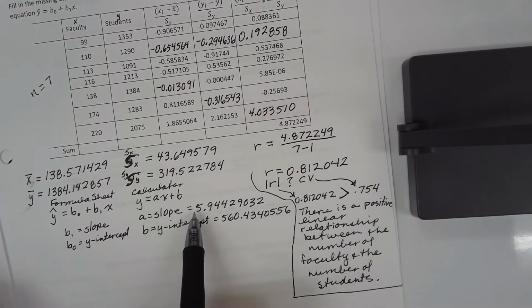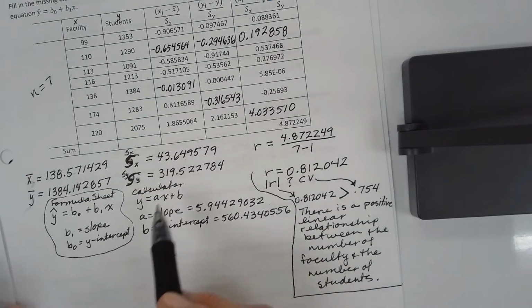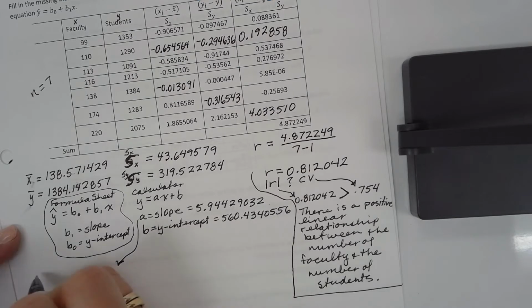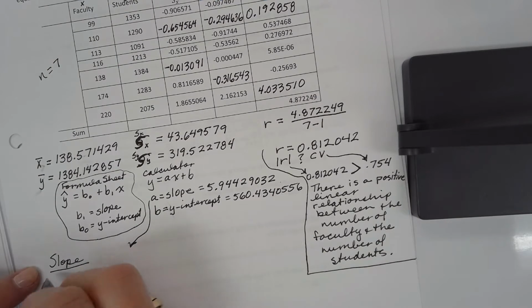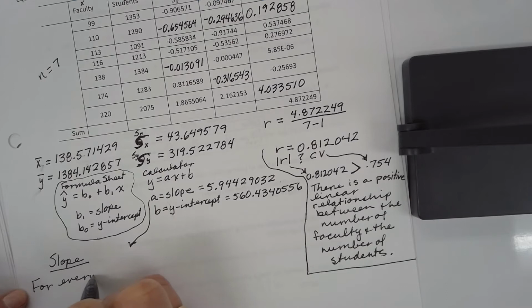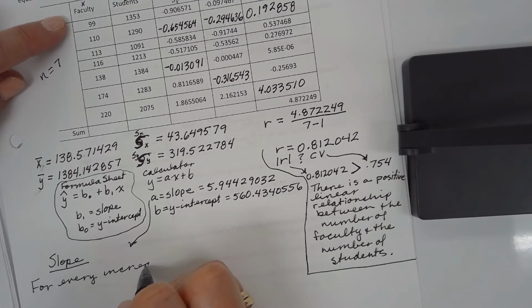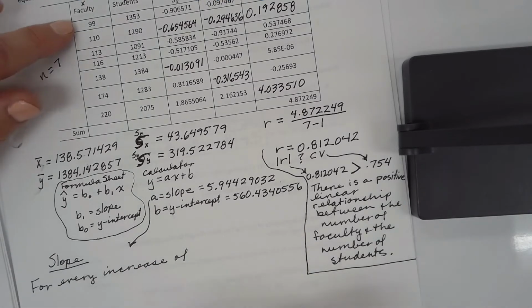So let's also talk about the slope and y-intercept and what they mean. So that slope, what that means, if it asks you to interpret the slope, you say for every increase of 1 unit of the x value.